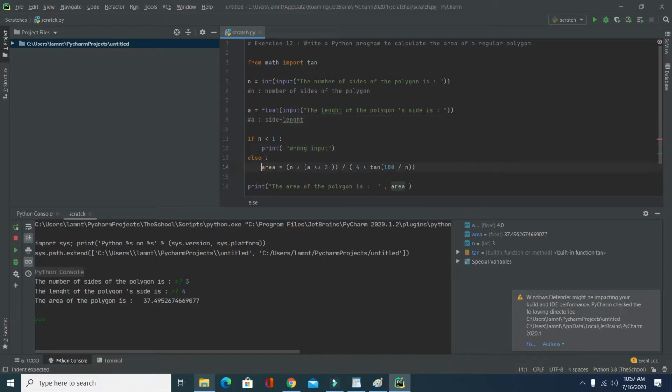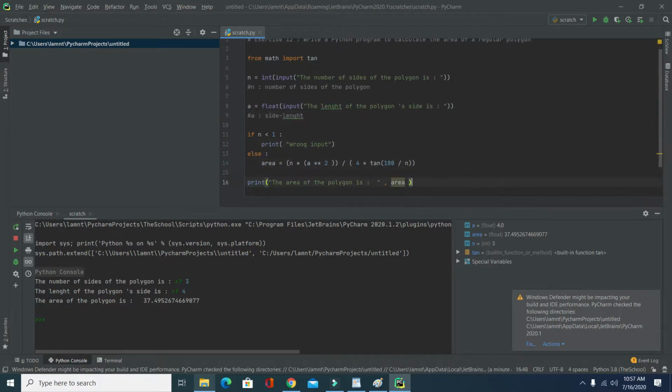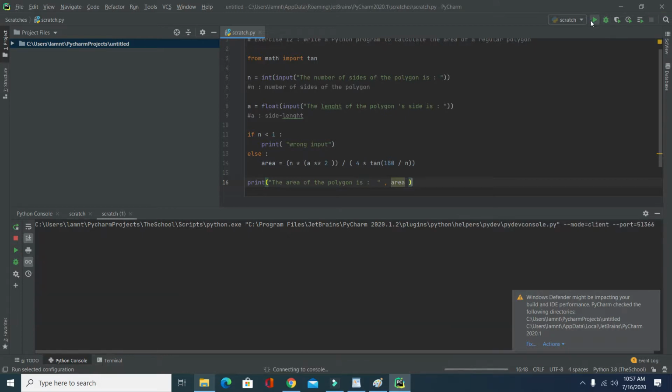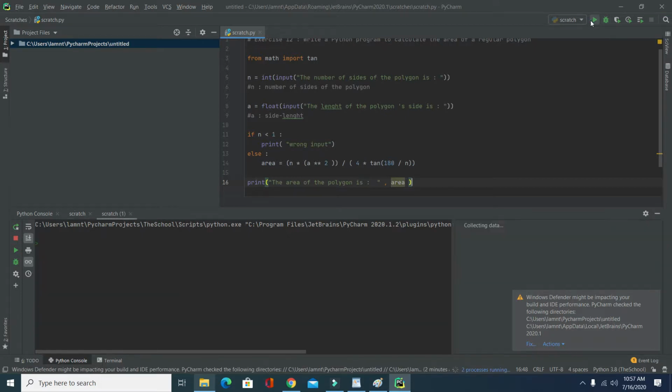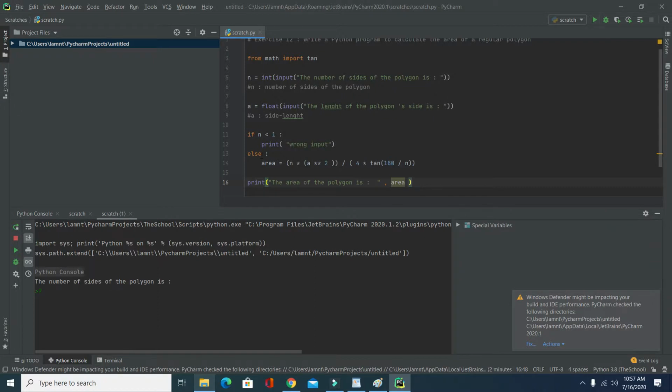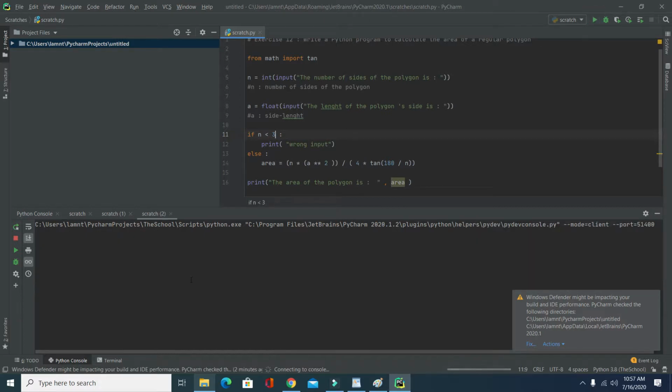Else area equals, and then we print wrong input, and let's see how it goes. No, this is if n smaller than 3, right? Okay, I'm sorry about that. Smaller than 3.